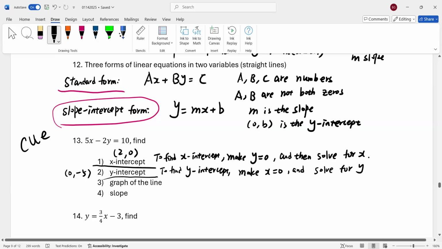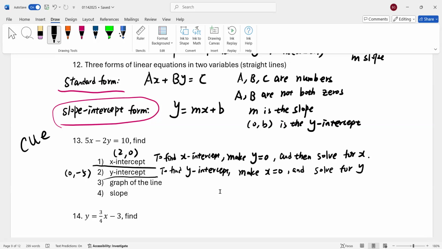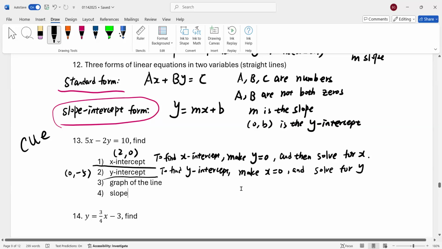So it's a good idea to memorize some cues. For example, what I just gave you for finding x-intercept and y-intercept, those are good cues. Remember them. To find x-intercept, make y be 0, and then solve for x. To find the y-intercept, make x equal 0, and then solve for y. Of course, understand it first, then you can easily remember the cue.